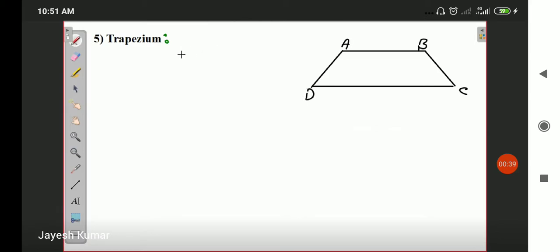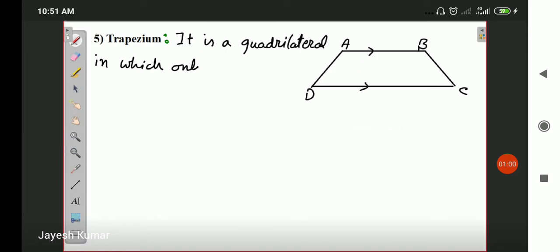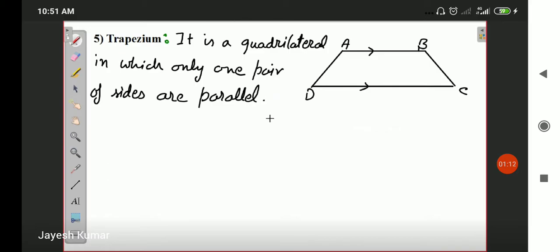As you can possibly perceive from the figure, it is a quadrilateral in which only one pair of sides are parallel.